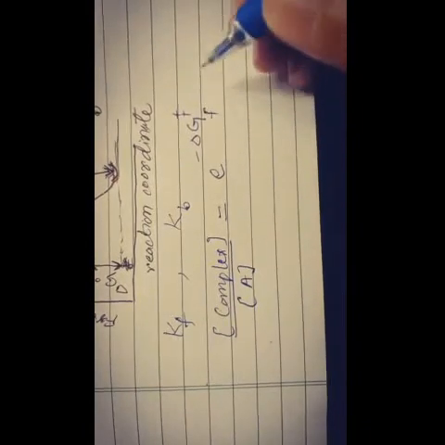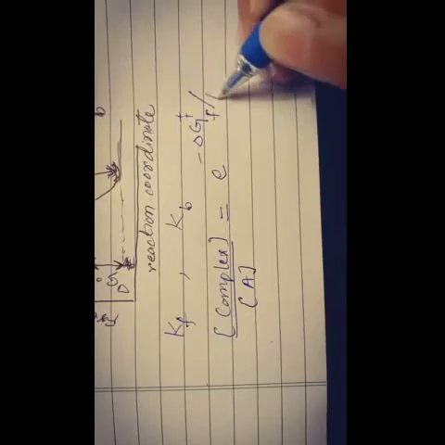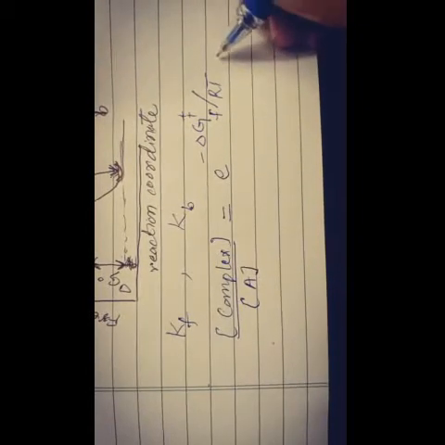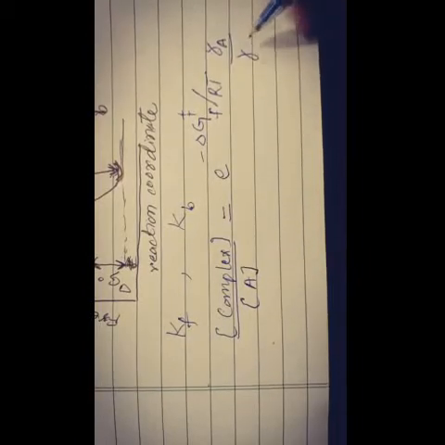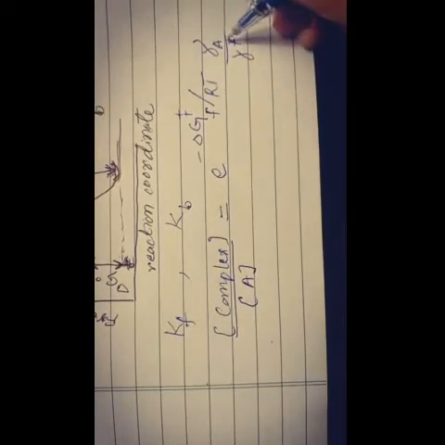So here this free energy is for the forward direction, RT, and the constant A is expressed as gamma A over gamma plus plus.